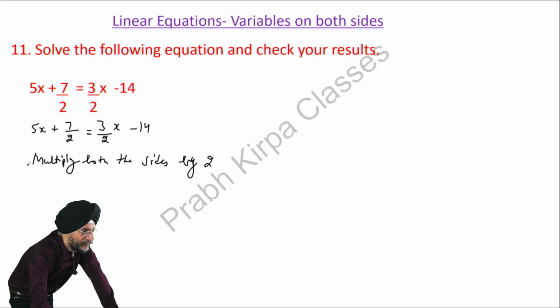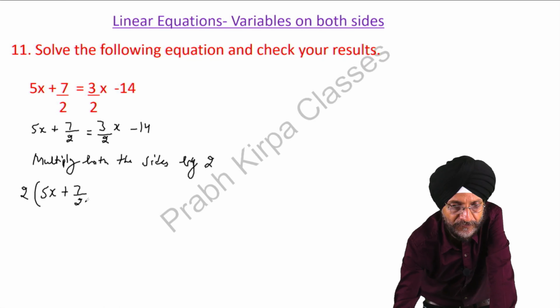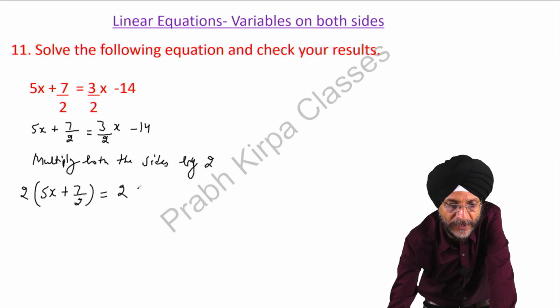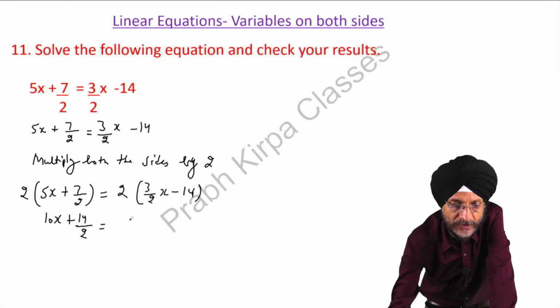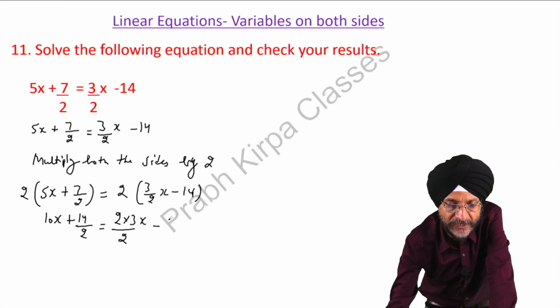So if we multiply the left hand side it becomes this, and if we multiply the right hand side it becomes this. So now we will solve the bracket, it becomes 10x plus 14 over 2, then it becomes 2 into 3 over 2 x minus 28.